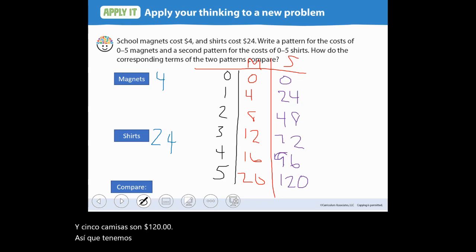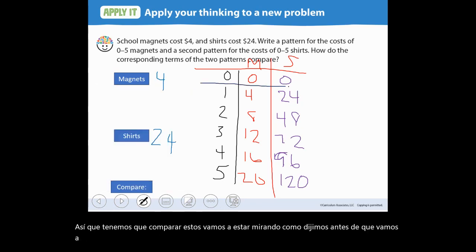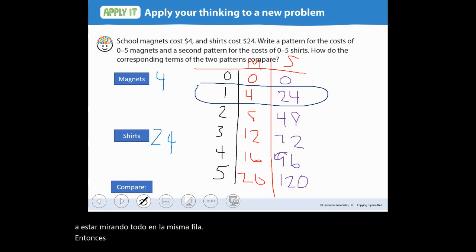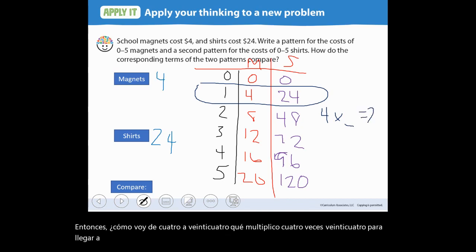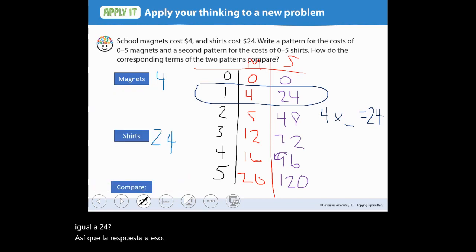As we said before, we're going to be looking at everything in the same row. So how do I go from 4 to 24? What do I multiply 4 times to get 24? So 4 times something equals 24. The answer is 6.